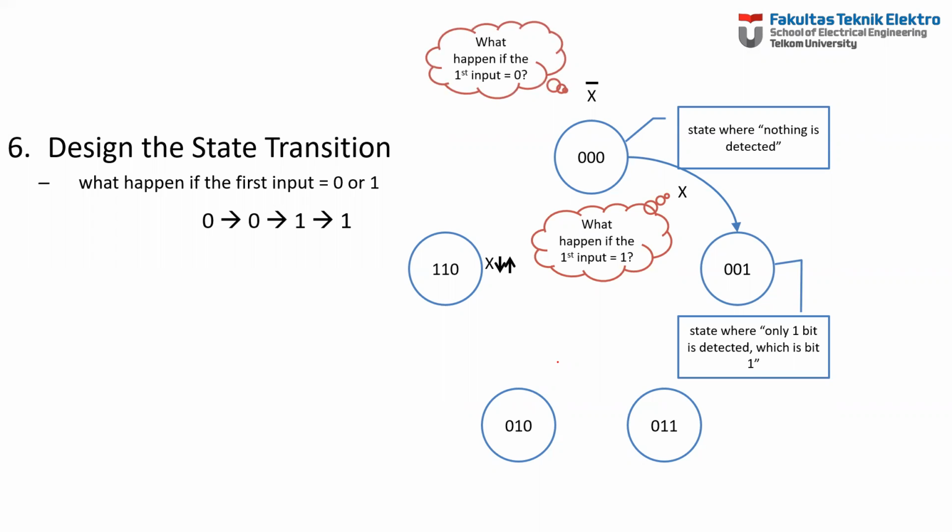However, what happened if the first input is 0? If the first input is 0, then it will stay in the state where nothing is detected. Because we expect the first input to become 1.